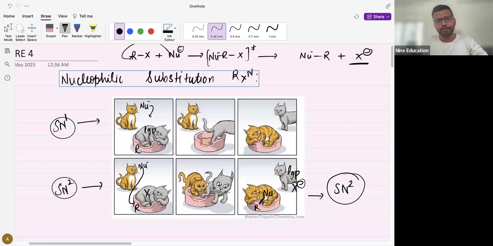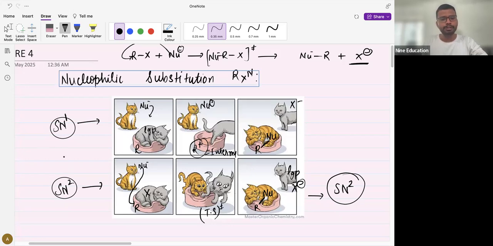The leaving group left first only and the substrate is left alone as a carbocation. So before attack of the nucleophile only, the leaving group leaves and this substrate is made as an intermediate. ये एक intermediate बना. Here you have a transition state. In SN2 you have a transition state, but in SN1 you have an intermediate, and finally you will have the R and nucleophile bond, है ना.